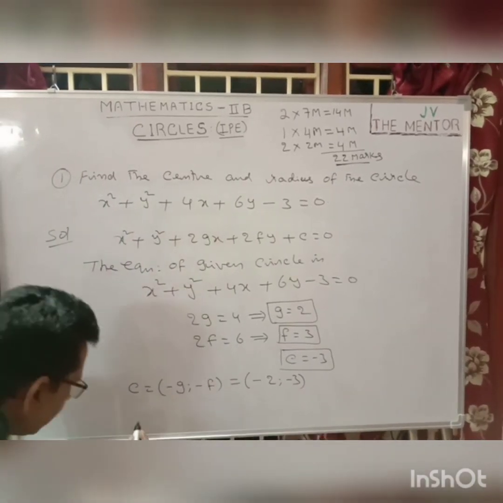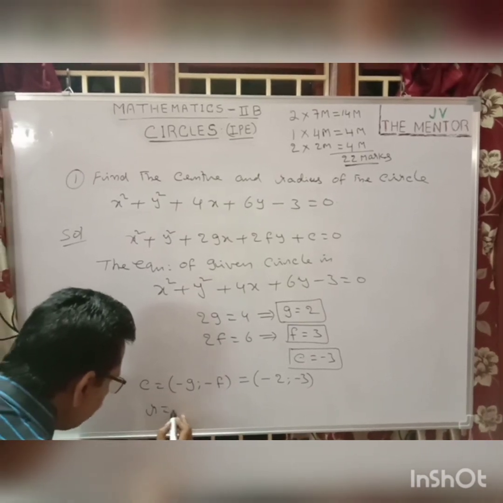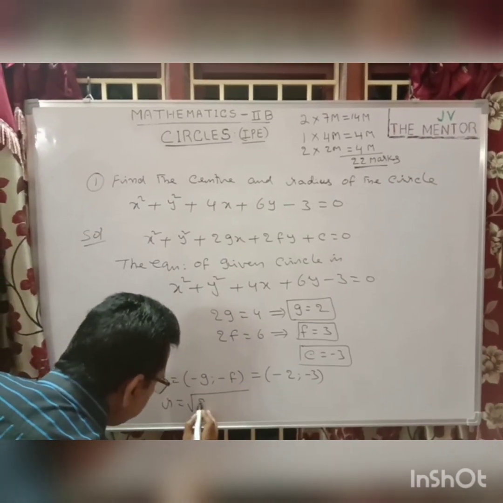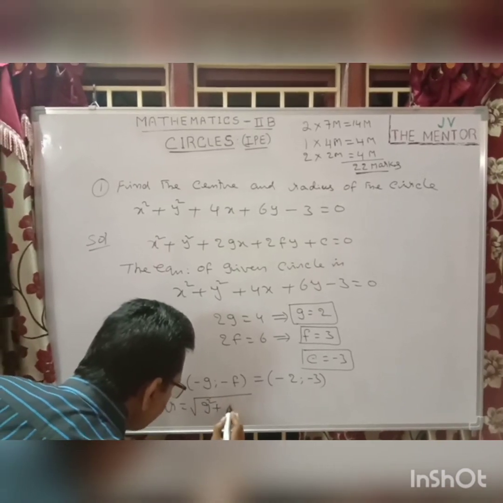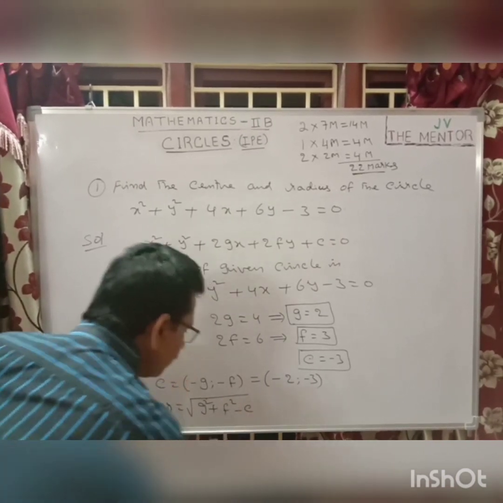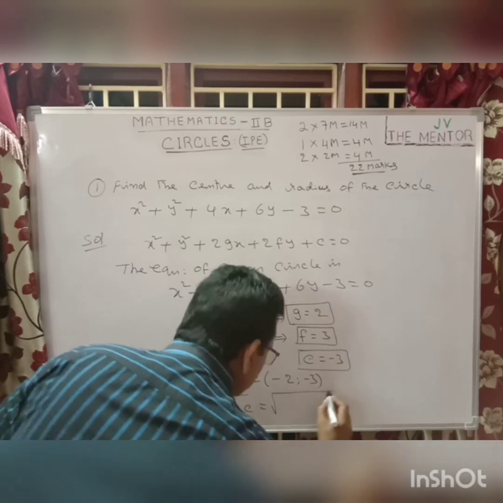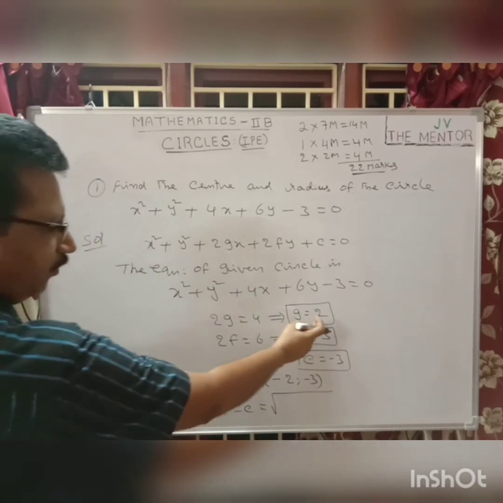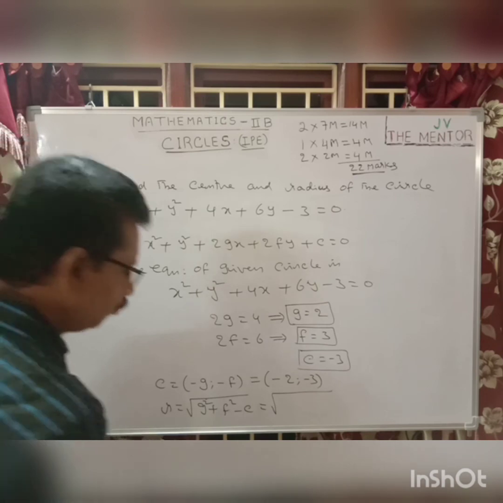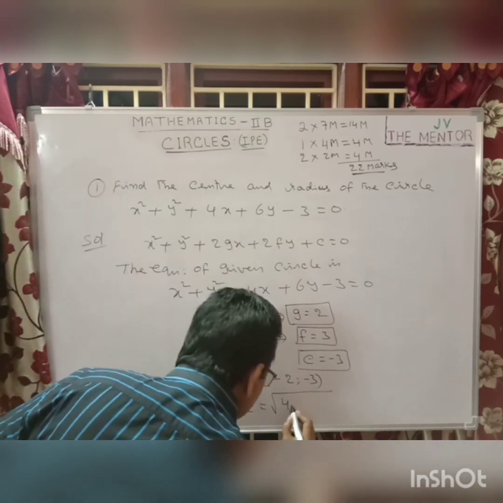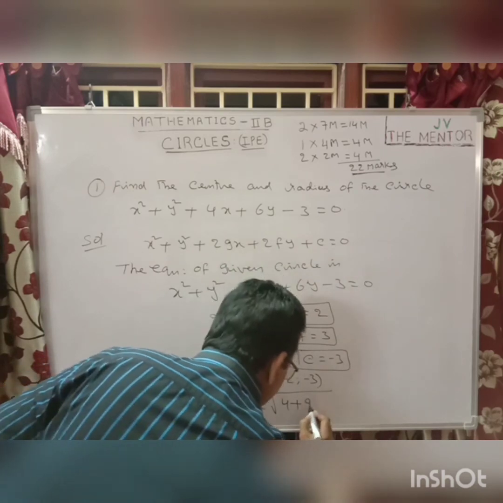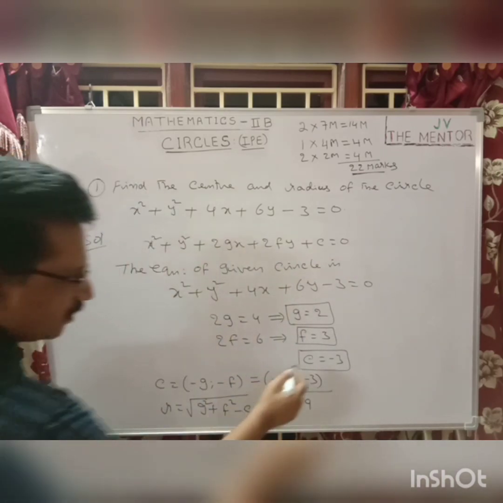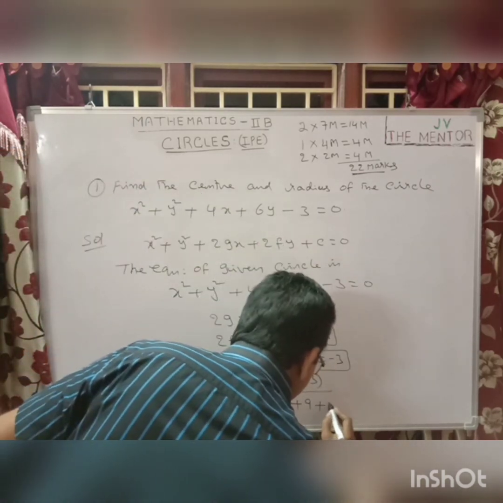Now the radius of the circle. r equal to root of g square plus f square minus c. That equals root of 2 square, 4, plus 3 square, 9, minus c, minus of minus 3, plus 3.